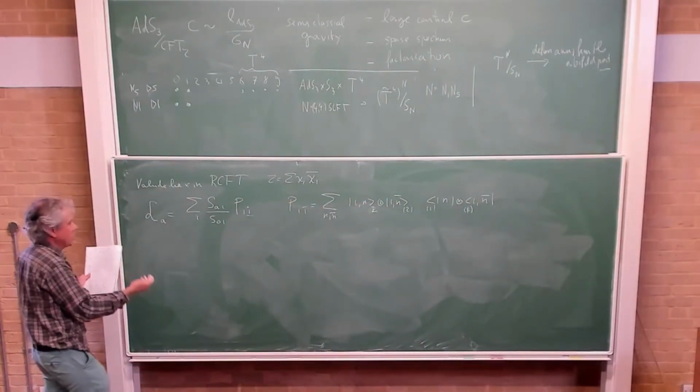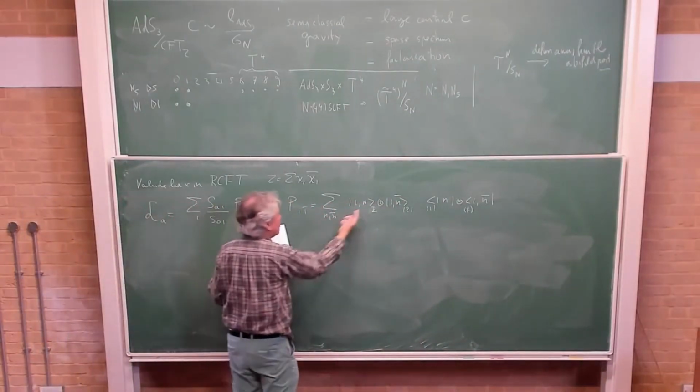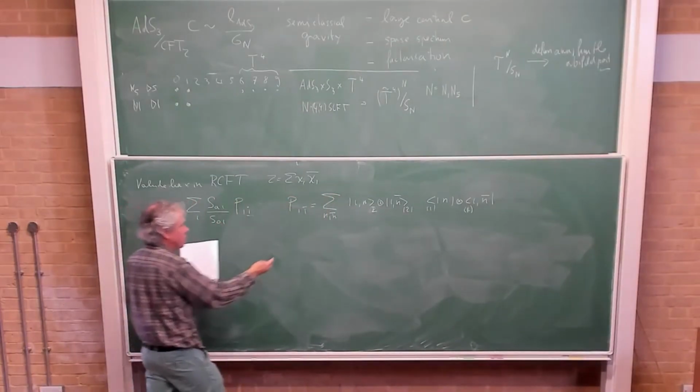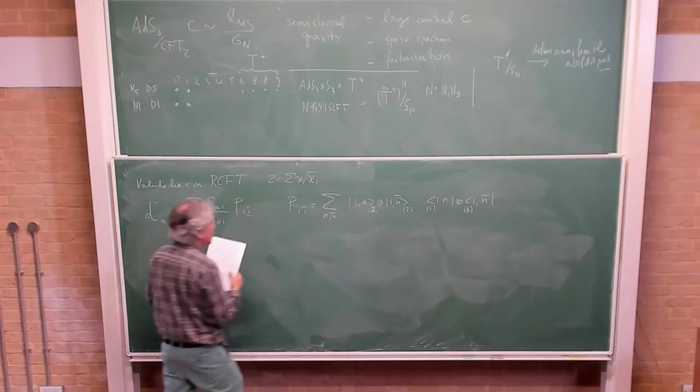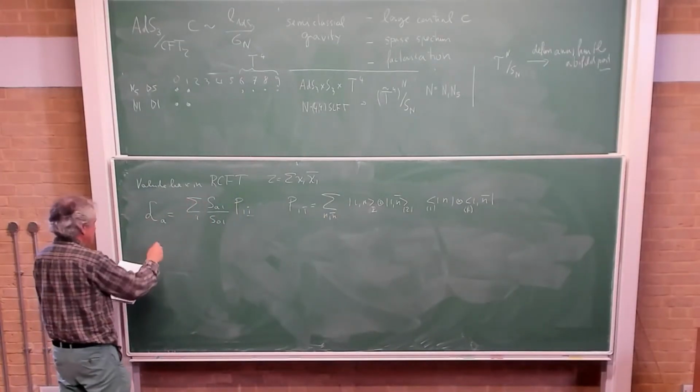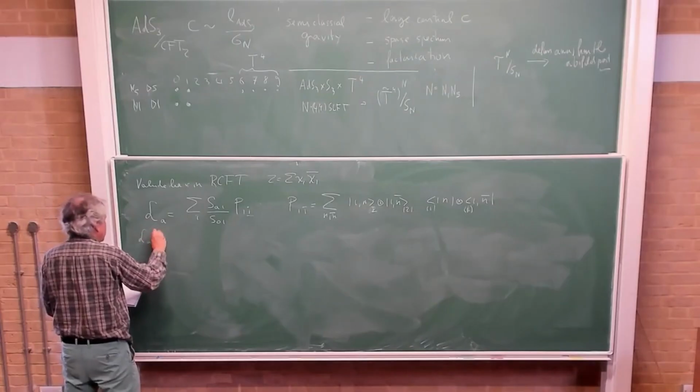These are sums over all descendants, and the same kind of argument which was used for the Ishibashi states in conformal theory can be used to show that this line operator is indeed topological.